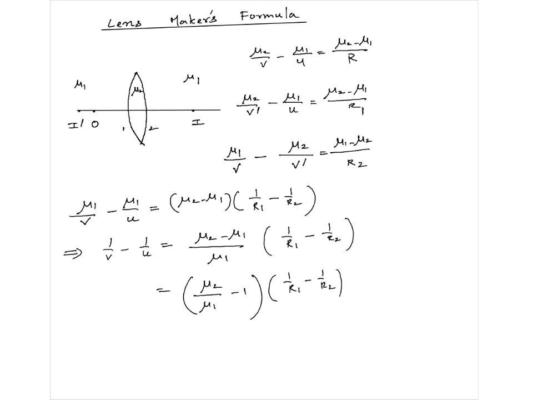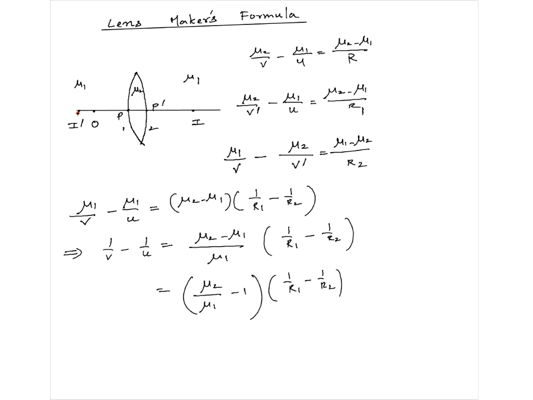Now note some points here. When we wrote the first equation, distances were measured from this point, P. When we wrote this, distances were measured from P dash. So when we said V dash, then V dash was actually PI dash. But we said V dash would act as object for this surface, then technically the object distance should have been P dash I dash.